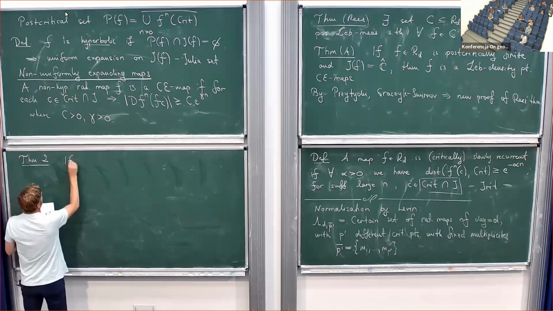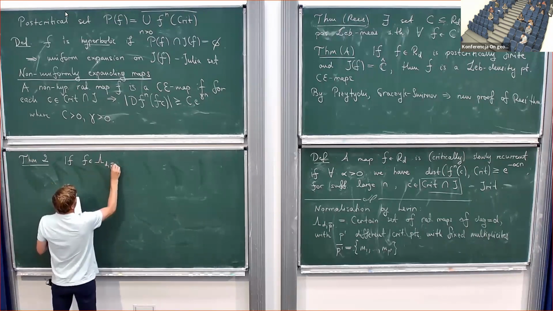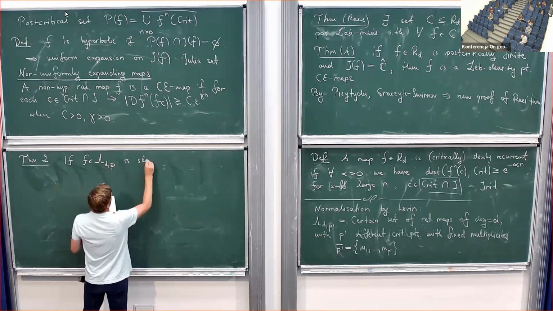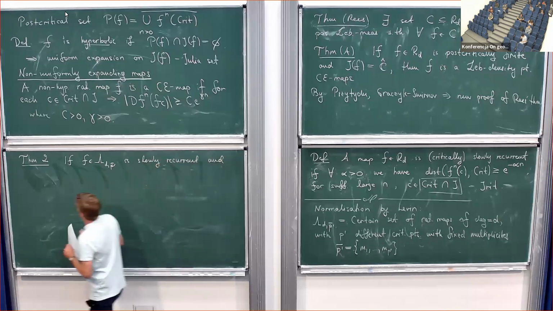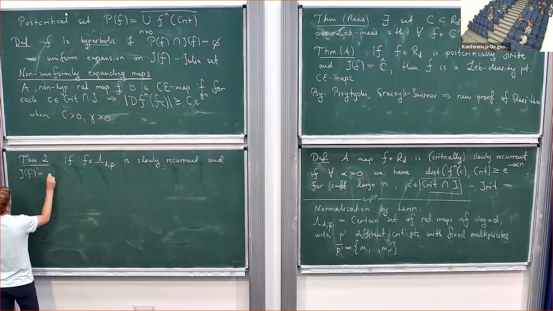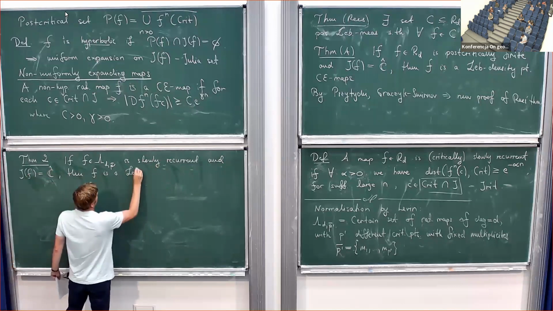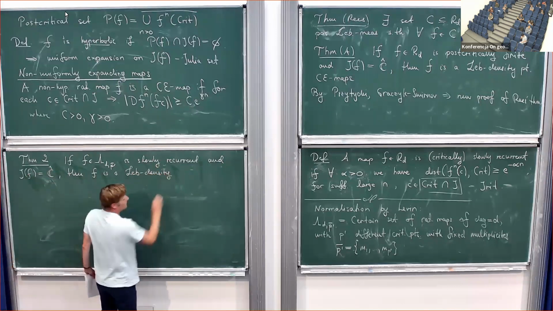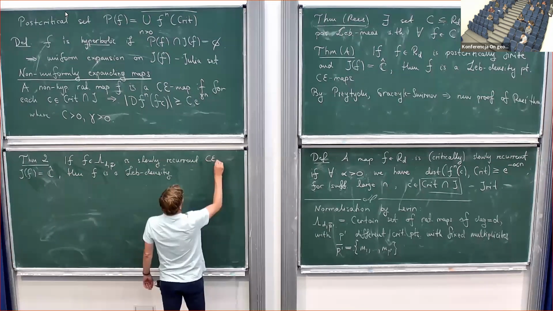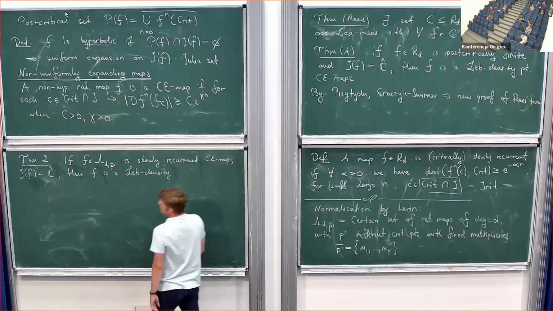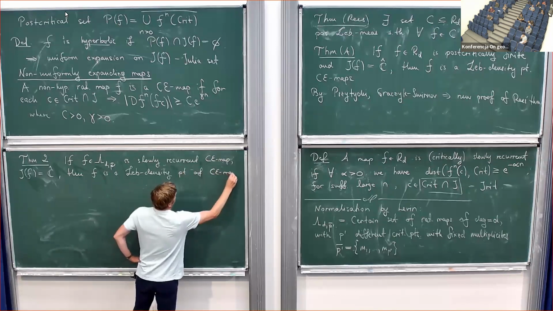If f belongs to such a space, D prime, is slowly recurrent, and the Julia set is the whole sphere, then f is a Lebesgue density point of Collet-Eckmann maps, CE maps, in that space.